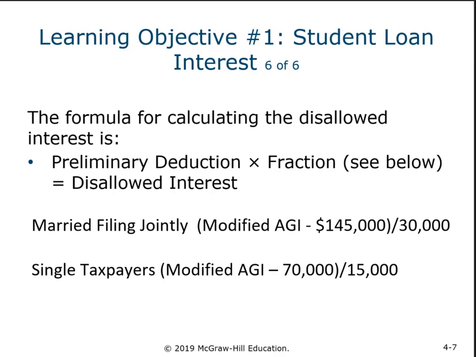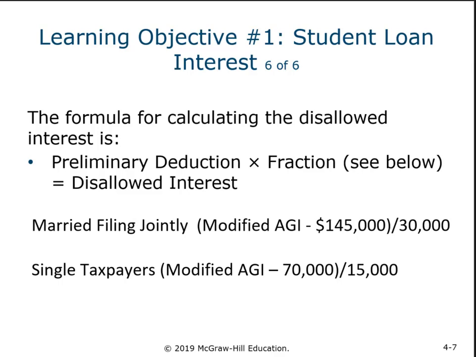And how do you figure out how much is disallowed? You take your preliminary deduction, so however much you paid up to $2,500. If you pay $3,000, then $2,500 is your preliminary deduction. And then you figure out the fraction. You take your modified AGI, subtract the $145,000 to see how far you're over the threshold, and divide it by $30,000.